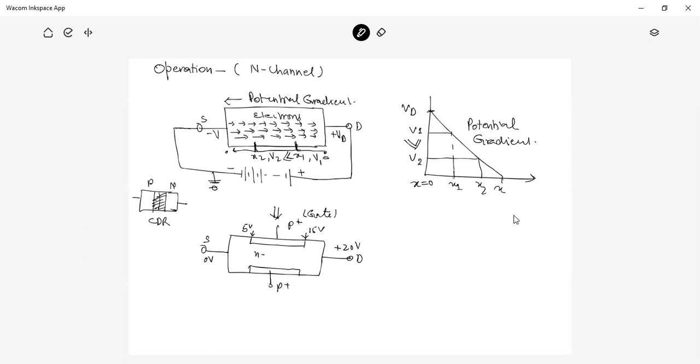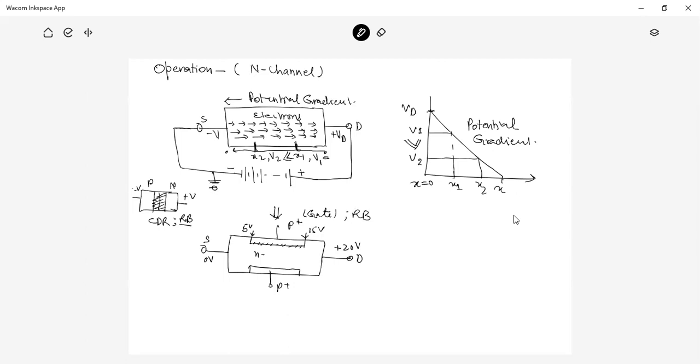If this is positive and this is negative or 0, then this is the case of reverse bias. What I mean to say, at this junction, the biasing is reverse bias.